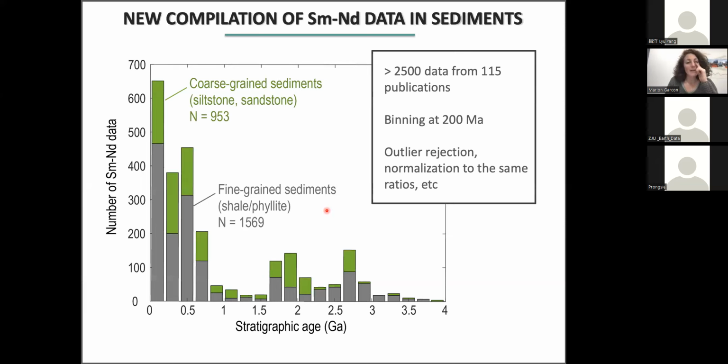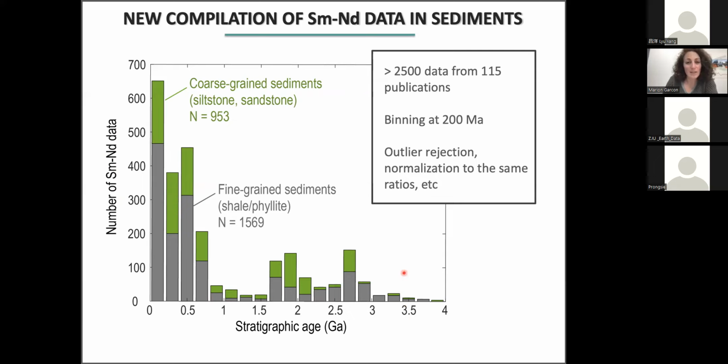So I started to make a new compilation of samarium-neodymium data because there were much more data than previously in the 80s. You have here the distribution of the data that I'm using in the isotopic models: the number of data used versus the age of the sediment, the stratigraphic age.